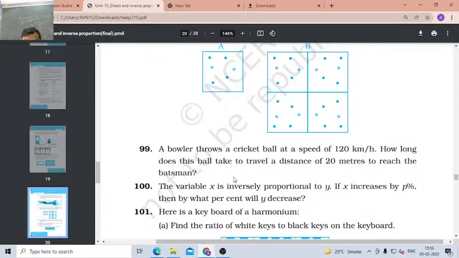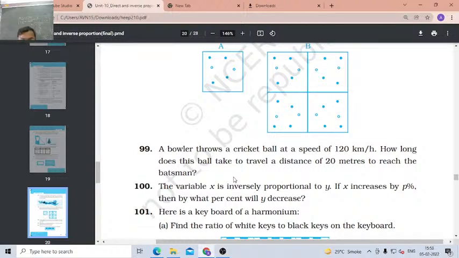How long does this ball take to travel a distance of 20 meters to reach the batsman? Now you have to find how much time it will take to reach the batsman 20 meters away. That you have to find here.